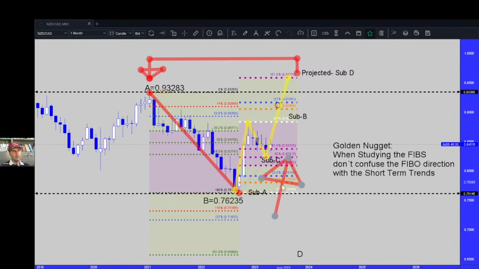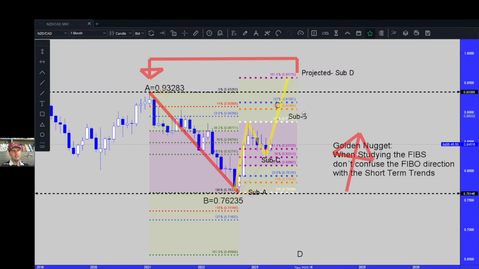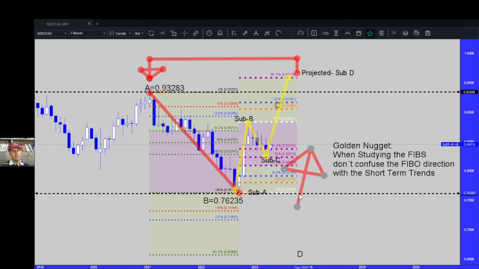Yes, sir. For the market to fulfill the contrarian Fibonacci sequence, sub A to sub B, sub B to sub C, and finally sub C to sub D, the projected sub D, for the market in the monthly chart in this example to fulfill the projected sub-D extension, it must break the capital A of the original one.